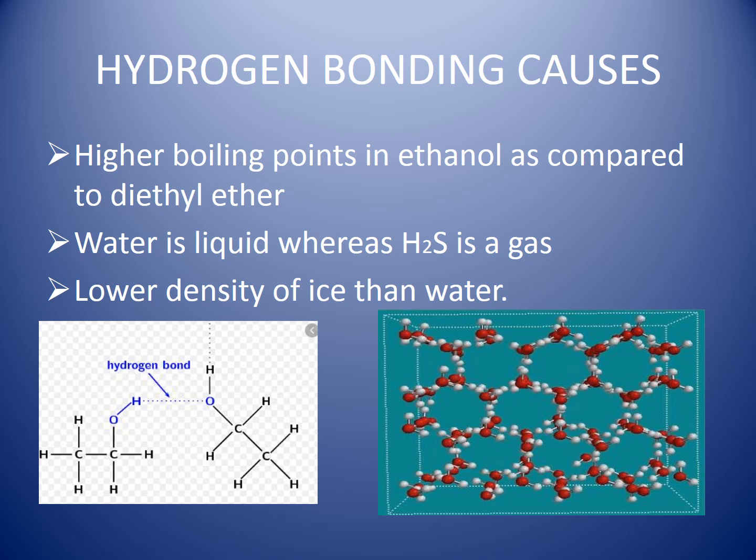Hydrogen bonding has some specific effects. It causes higher boiling points in ethanol as compared to diethyl ether. In case of ethanol, that is alcohol, C2H5OH, has a hydrogen bond due to the presence of partial negative charge on oxygen, and in diethyl ether there is no hydrogen bonding.